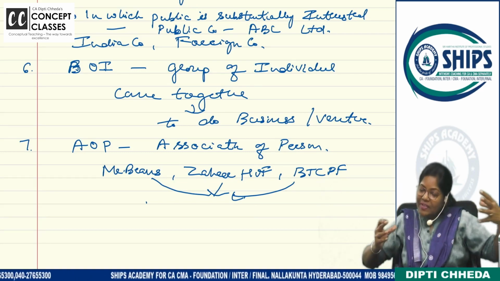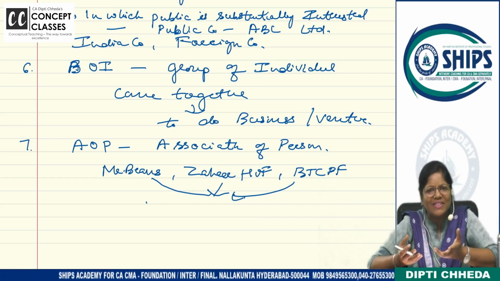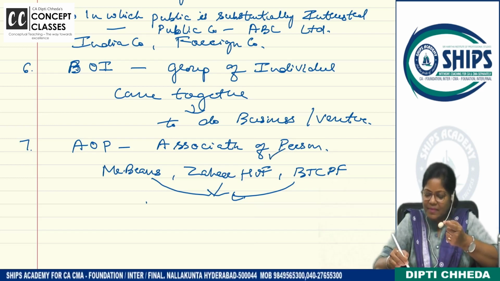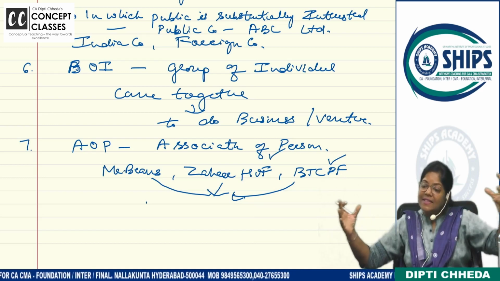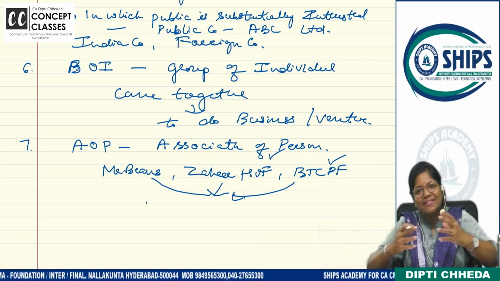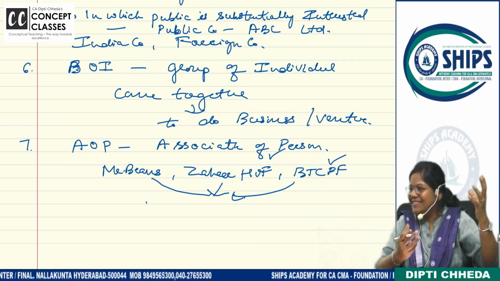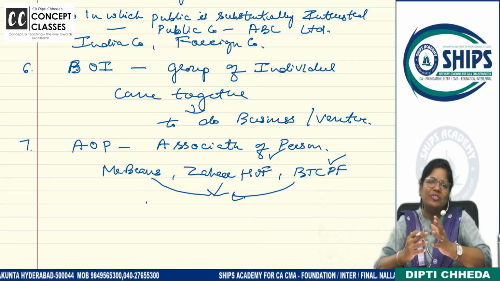Yes. If they do the business together, we cannot call it body of individuals, because this is not an individual. This is not an individual. But is it an association of person? The meaning clear or not? Body of individual means group, but all are individuals.